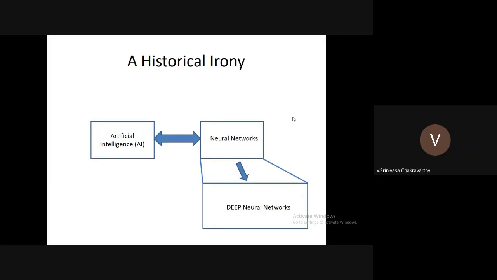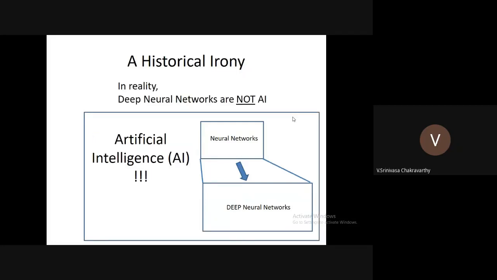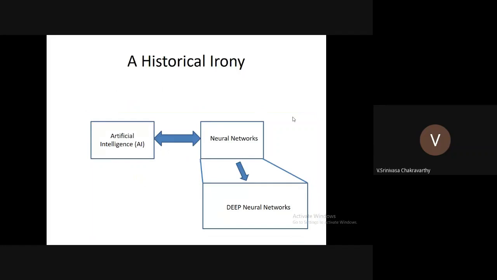there's a little bit of historical irony which I need to point out. Both AI and deep networks began their journey around the 60s. In the 60s Frank Rosenblatt proposed the perceptron. He took the McCulloch-Pitts neuron and showed how you can make a learning system out of that. And in the 60s AI also began, and people started arguing that you can reduce any complex process to a series of steps, and therefore you can break down intelligence to a series of steps, and that is your artificial intelligence.